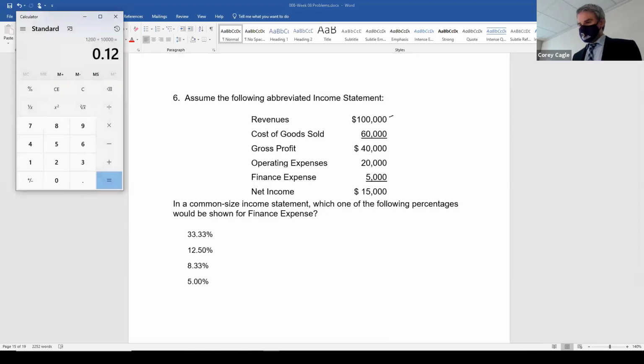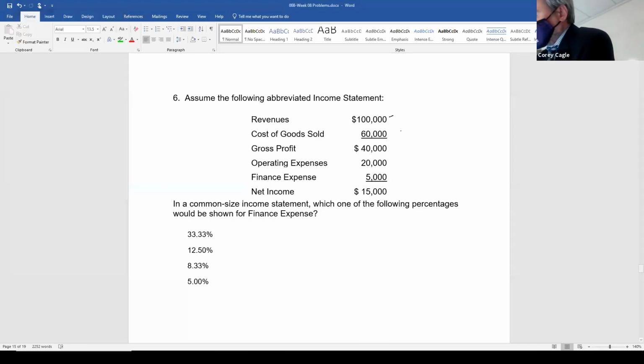So if we're common sizing this thing, it's easy percentages, isn't it? Cost of goods sold would be 60%. Operating expenses would be 20%. Finance expense. So what are they asking us? Finance expense. So D.